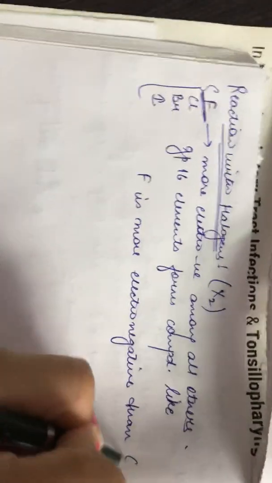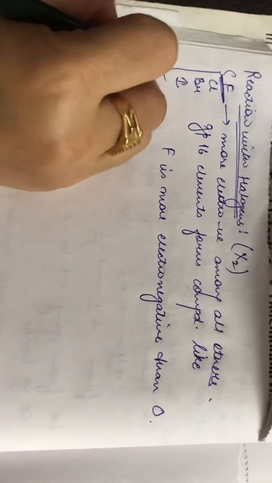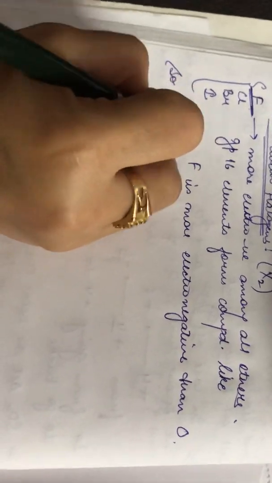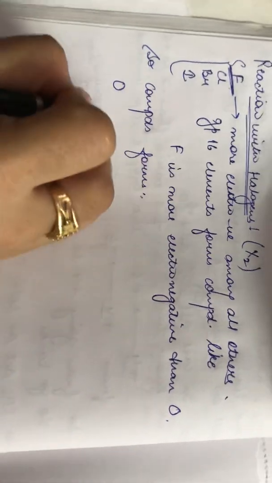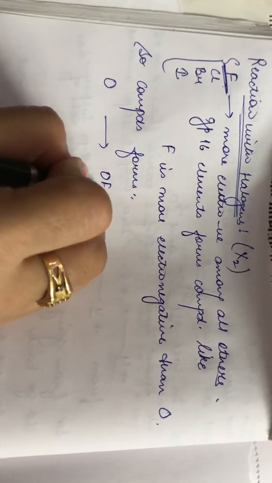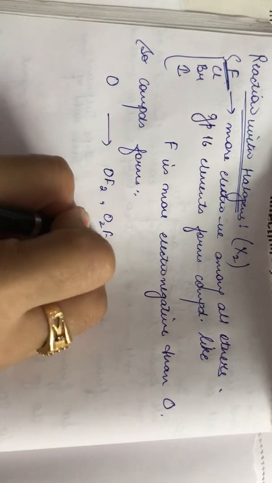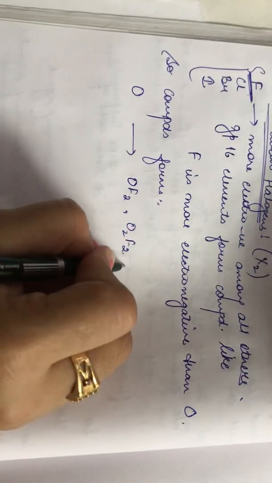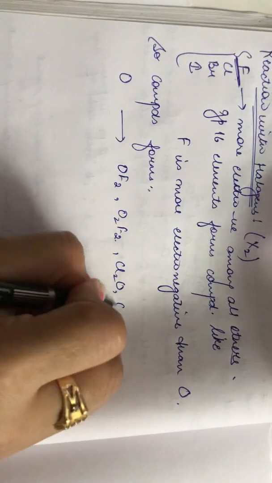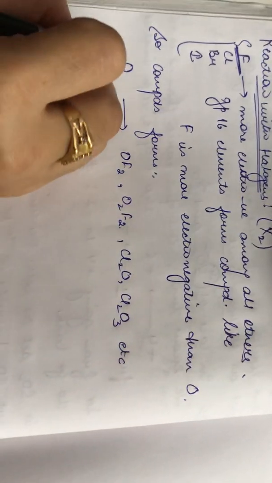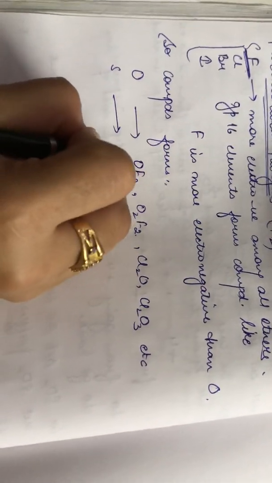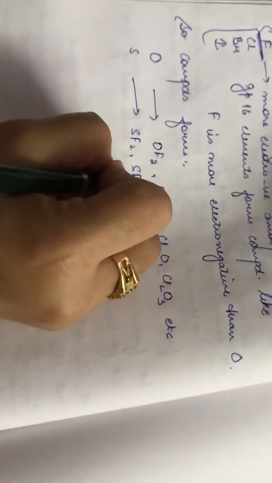than oxygen. So compounds formed with oxygen are OF2, O2F2, Cl2O, Cl2O3, etc. With sulfur: SF2, SF4, SF6.